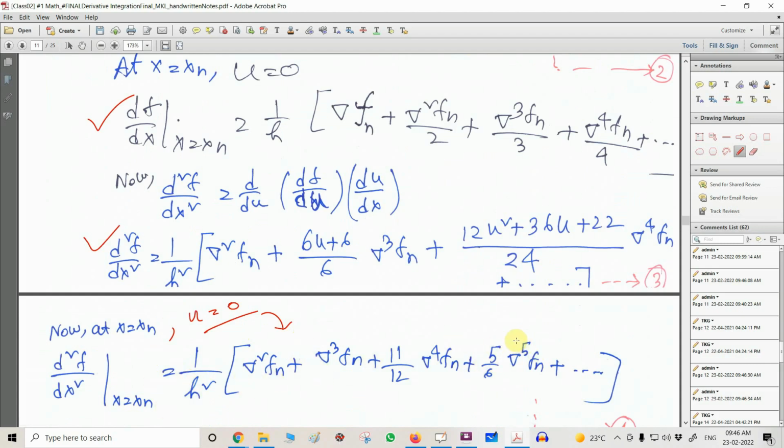Here I have considered up to the fifth order of the backward difference operator, in case you require it. Here I haven't included the fifth order term, but here I have included it in case you need it.